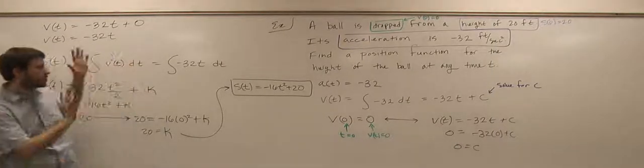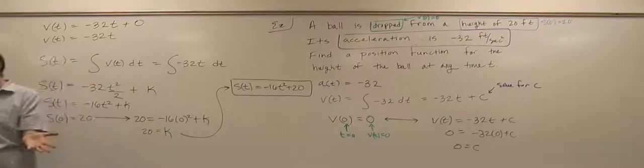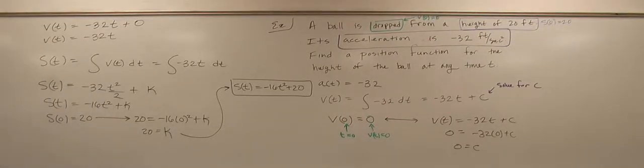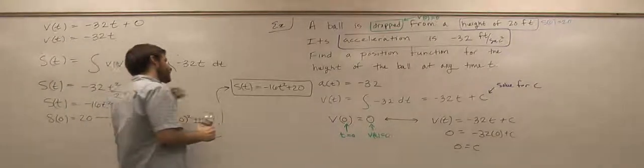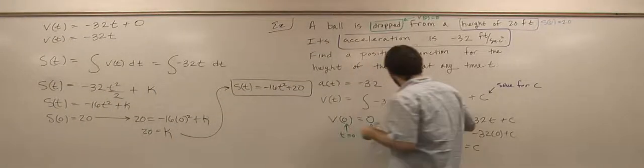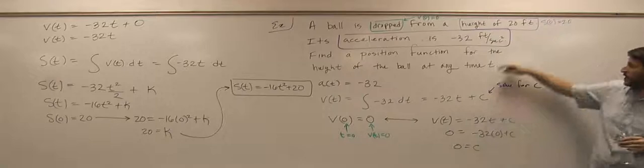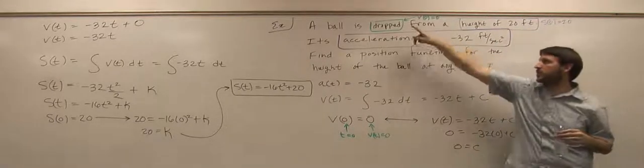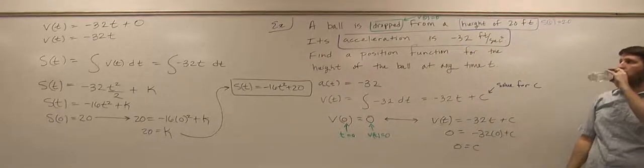Well, first of all, to get from acceleration to position, you integrate twice. And along the way, each step, you want to solve for your constant using the information given to you in the problem.